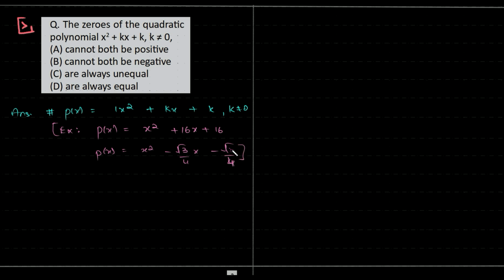The question is, can the roots be positive or negative? Which one is true? So it's cannot, not can. So how do you figure it out?